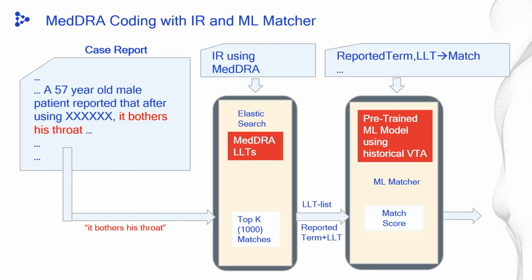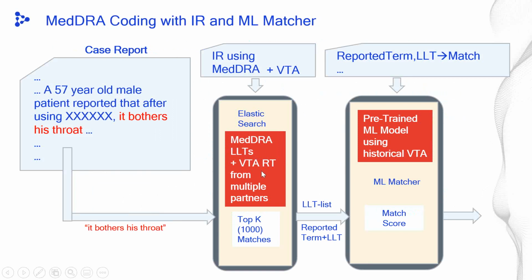One quick improvement we could obtain is by saying, not just bring me the LLTs, but also include the verbatims of the past historical terms, the synonym list. So here you search not just within the MedDRA LLTs, but also synonyms that are close, not just direct matches. If there is a "throat" term, there is a "bothers" term, within the past synonyms, past coded terminologies.